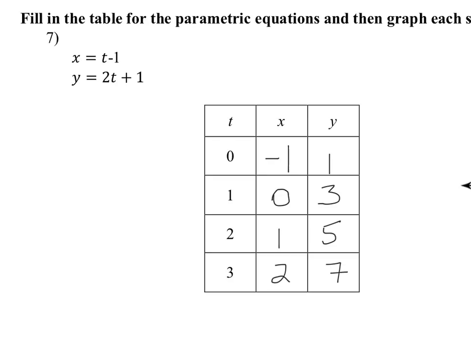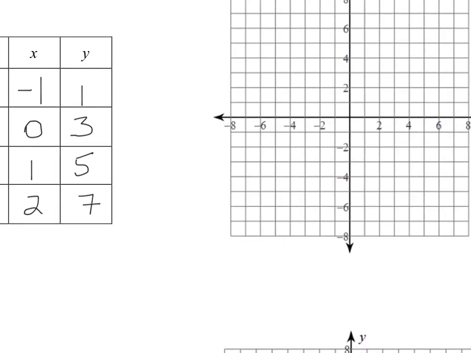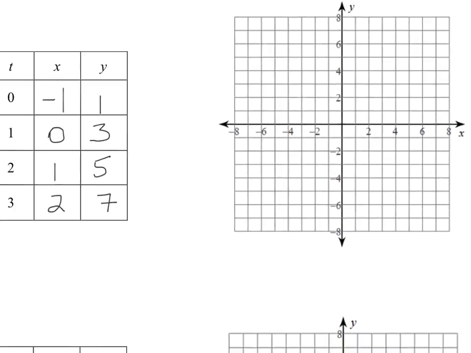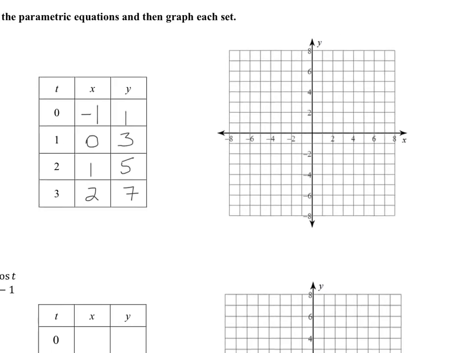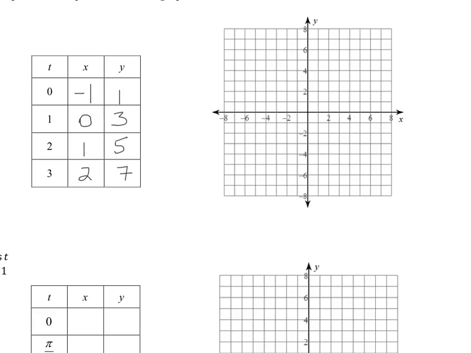And now I'm going to graph these points. So I'm going to move over here to the graph, and I'm going to make it a little bit smaller so we can see everything together. There we go. And then I'm going to graph the x and y values, and I'm also going to use arrows to show which direction we're going.